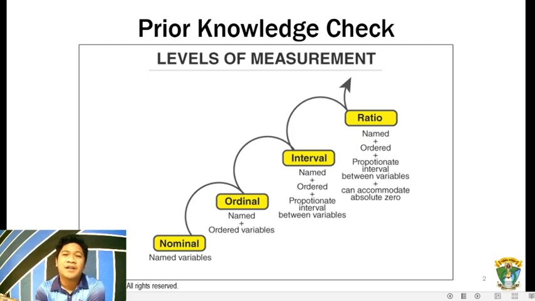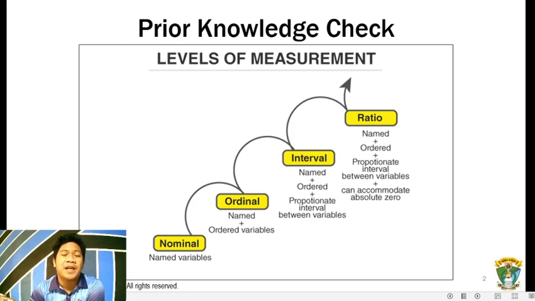For example, temperature. Okay? The difference between 9 and 10 degrees is the same as the difference between 12 and 13 degrees. This is not applicable for ordinal because, for example, in highest educational attainment, there is no equal interval in between points or in between data.